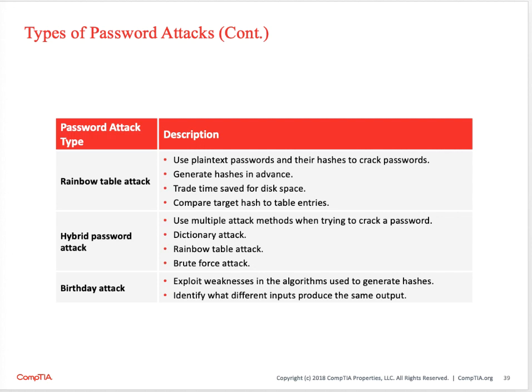They generate the hashes in advance, and that way they can cut down on the processing power needed. In this case, the best way to defend against that is through something called salting, but also using really long passwords, because it's pretty hard for them to keep on trying all these commonly.